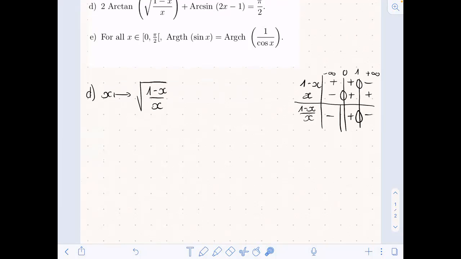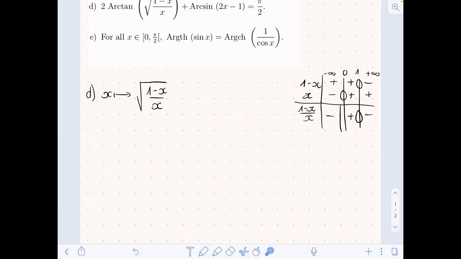So where could we look at this fraction to perhaps solve the inequality? From 0 to 1? Yeah, absolutely. If we want to study this square root in more detail, we have to take values for 1 minus x divided by x where everything is positive.